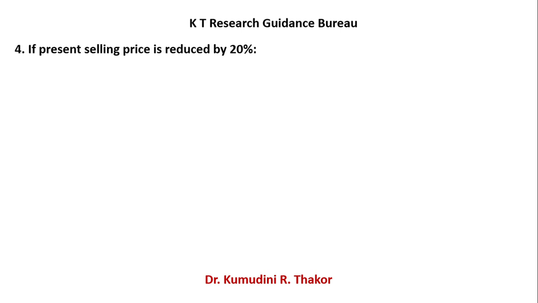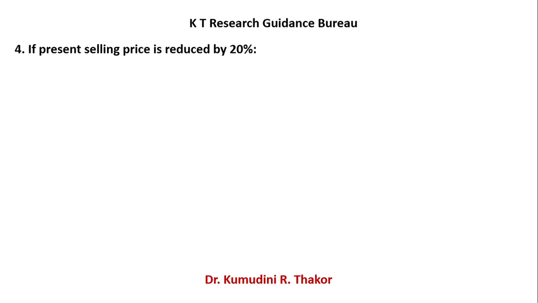Fourth one is, if present selling price is reduced by 20%, then three things you have to find out. Among them, first one is new profit volume ratio.